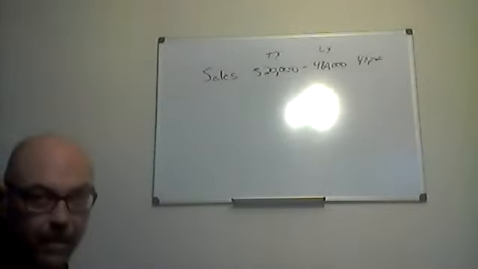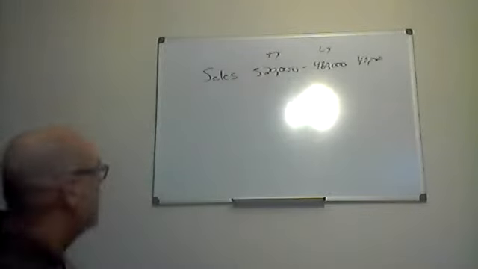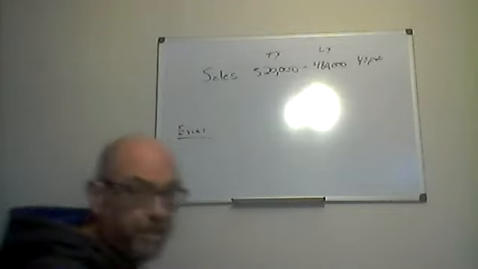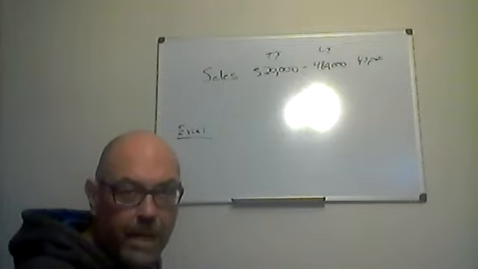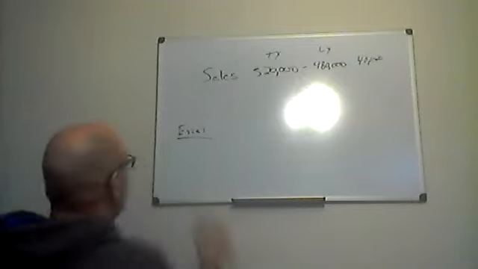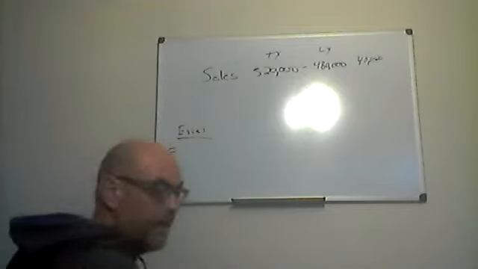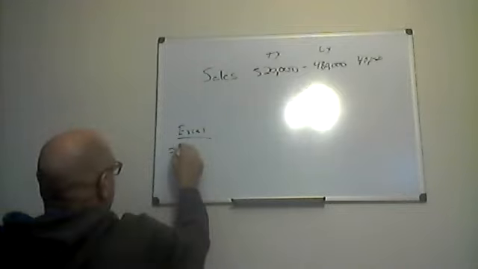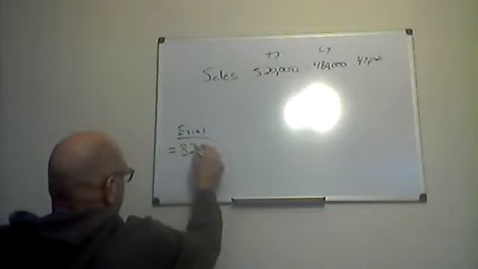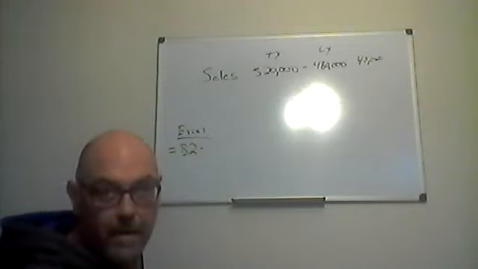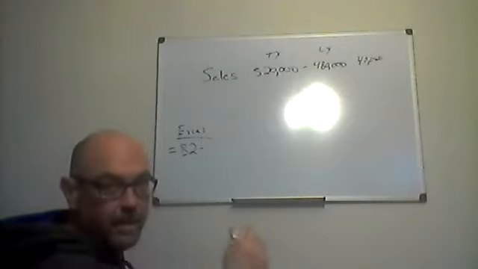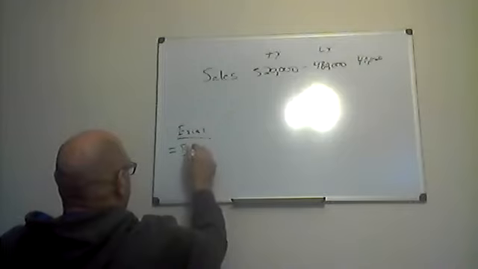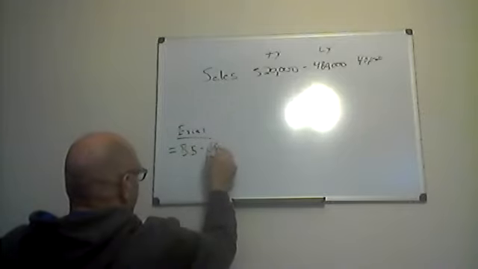40,000. So if you're doing this in Excel, if you have your sheet pulled up, what you want to put into that column is the equal sign, and then click on cell B5 minus C5.